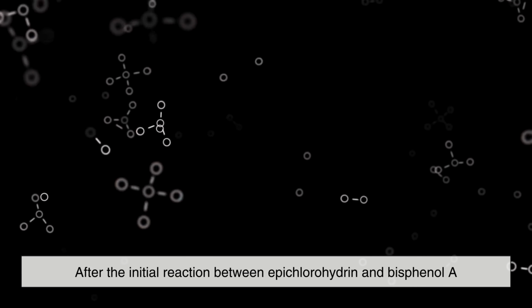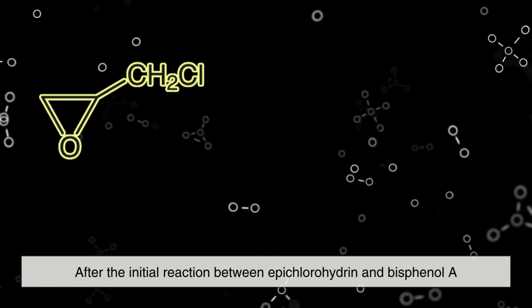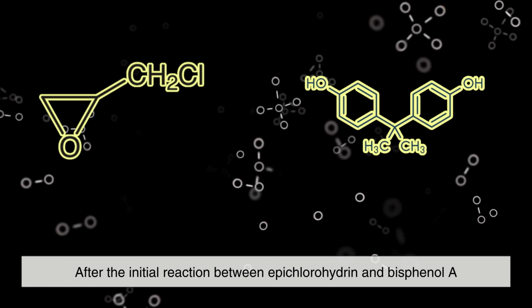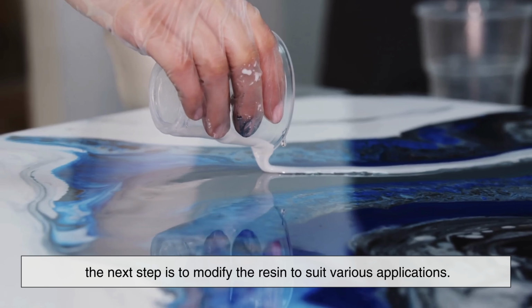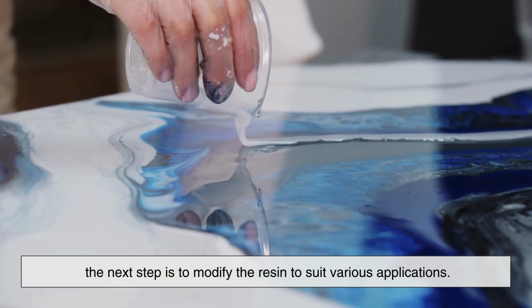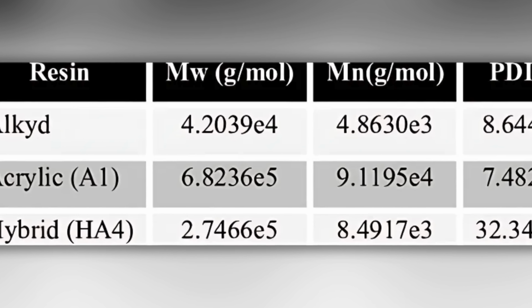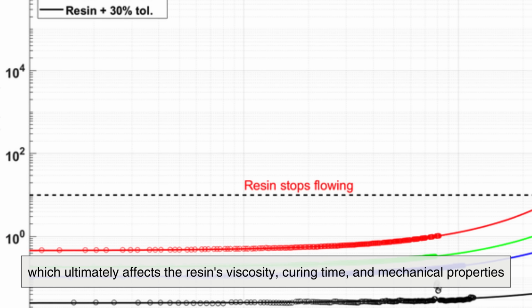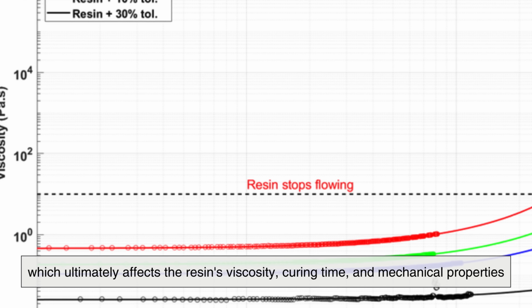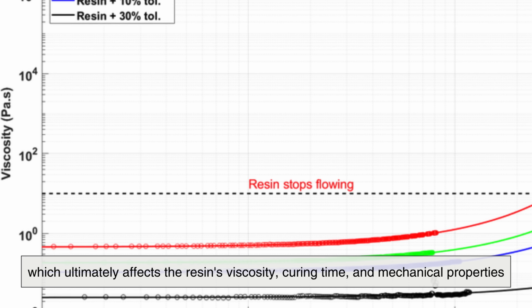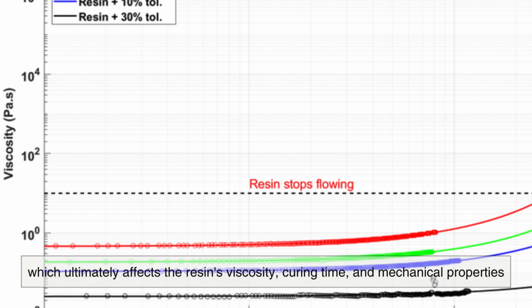After the initial reaction between epichlorohydrin and bisphenol A, the next step is to modify the resin to suit various applications. This is done by adjusting the molecular weight of the resin, which ultimately affects the resin's viscosity, curing time, and mechanical properties.